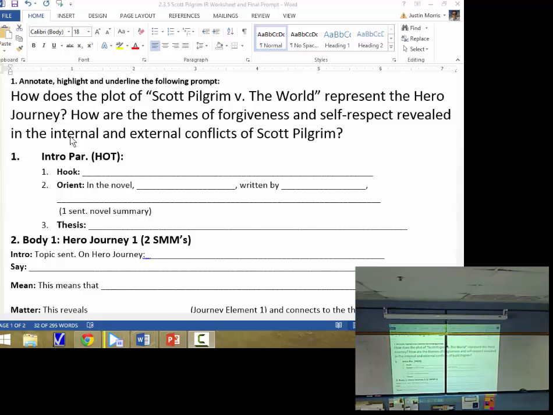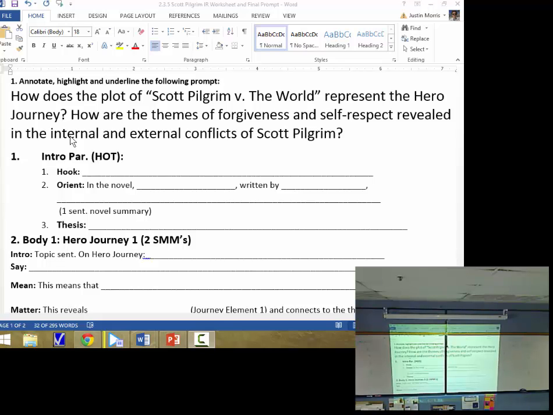And number 3, is it an internal or external conflict? So you're going to identify whether it's internal or external. You notice that this is basically a type of same matter structure. I've just identified some different ways to apply it in this particular prompt. Okay, so event, hero journey type, internal or external conflict.